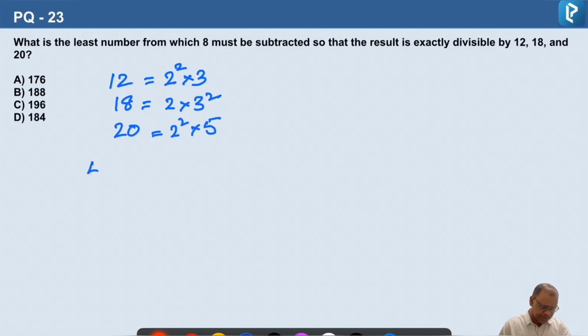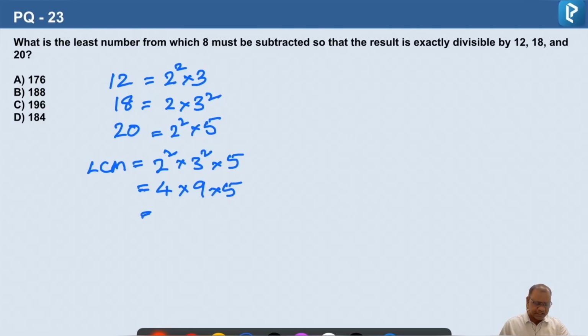So the LCM is the highest powers: 2 square, 3 square and 5. 4 into 9 into 5. So that is 5 fours 20. 20 into 9 is 180. So the LCM is 180.